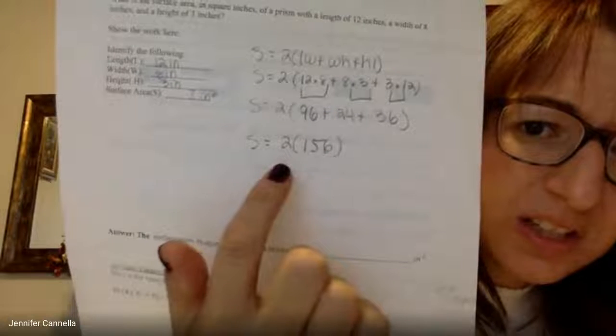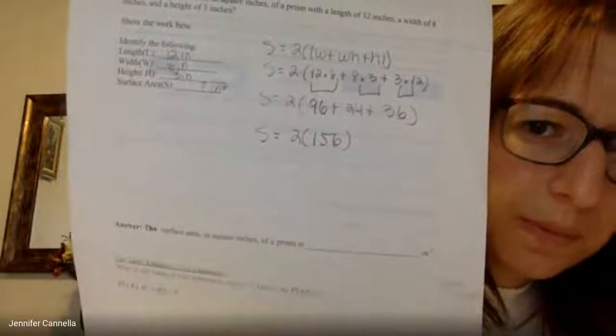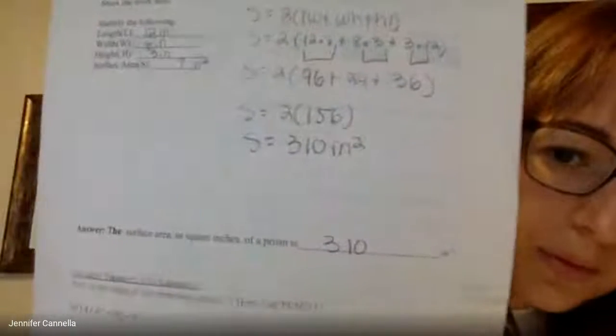So what's 156 times 2? 312 inches. Inches to what power? To the second power. So you're going to write S equals 312 inches squared. On the line, this is what you should have.